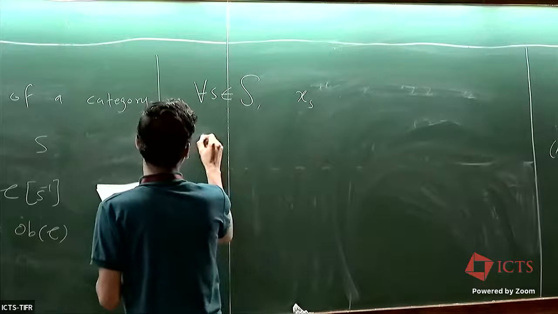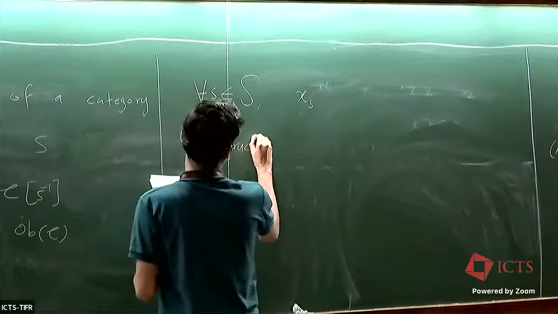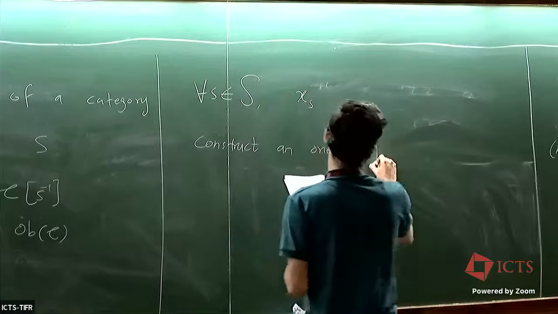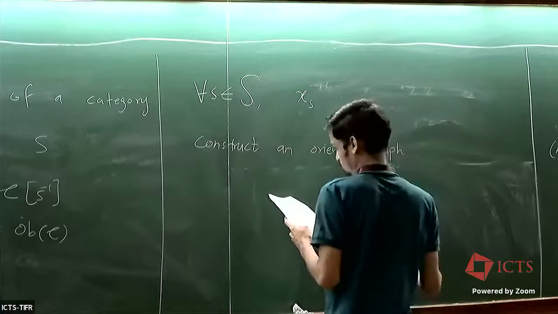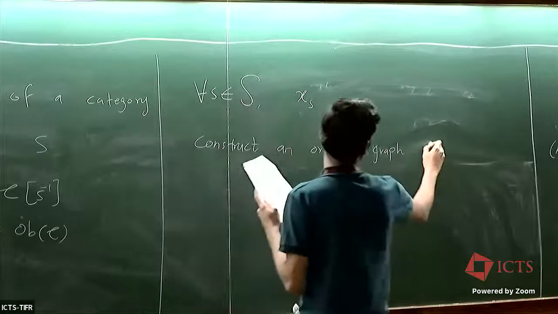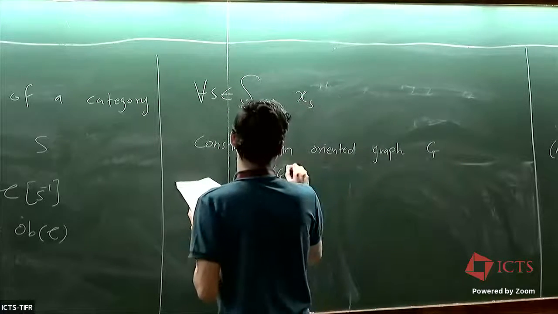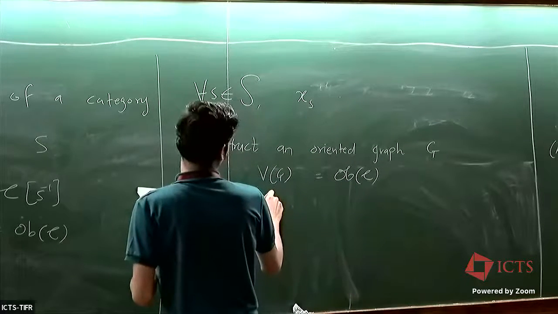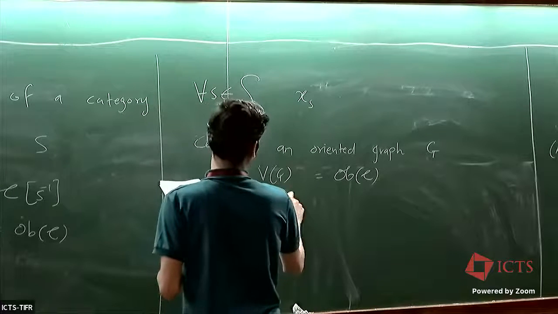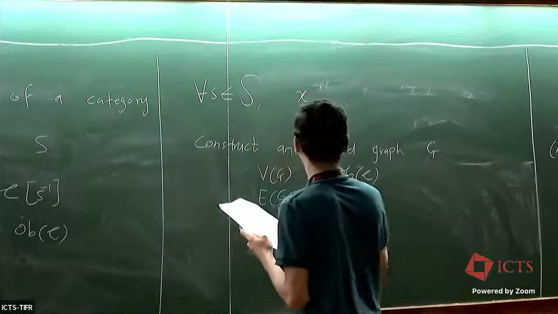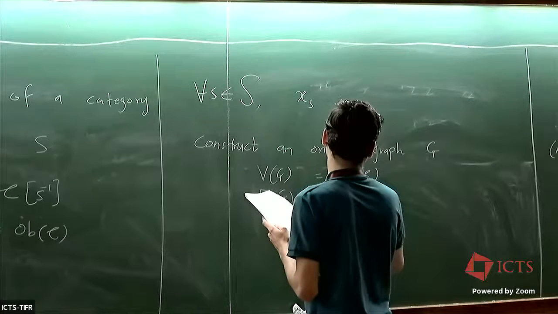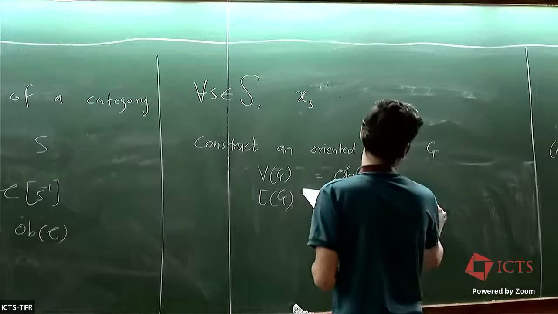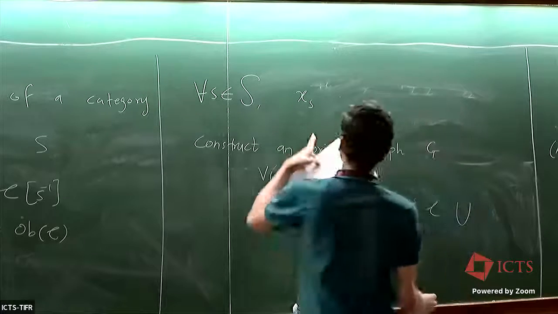Now we construct an oriented graph, let's say G, whose vertices are objects of C and whose edges are morphisms of C together with these x's.